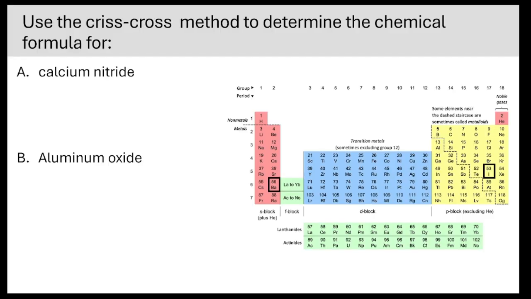And one more example, I use the crisscross method to determine the chemical formula for calcium nitride. First, please refer back to a periodic table which has the full name of each element. For now, I will refer to this table here, and we need to determine the chemical formula for calcium nitride.